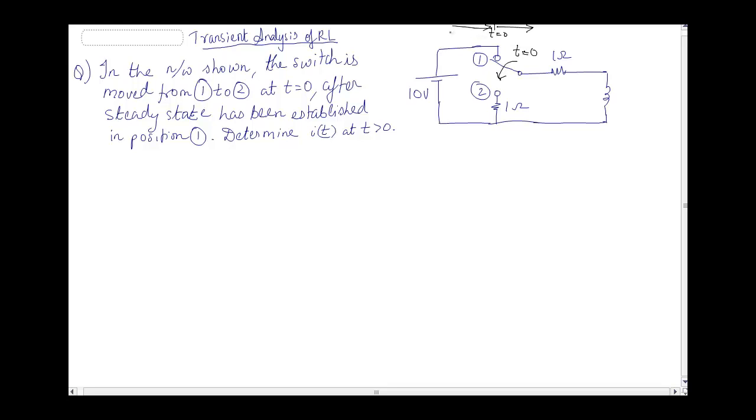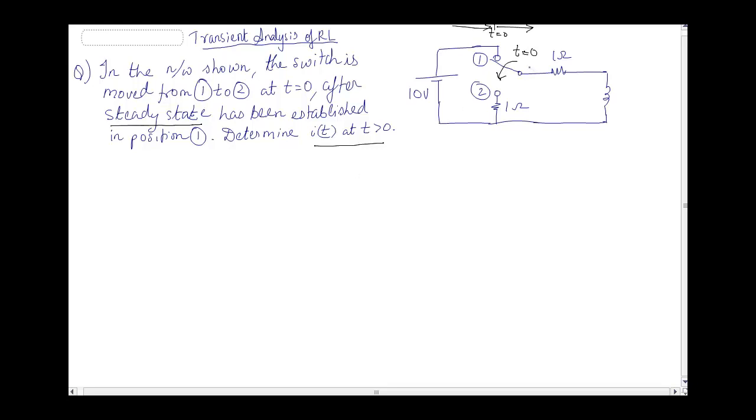Whatever is happening before t is equal to 0 has come to a steady state, and whatever is happening after t is equal to 0 we want to find out. This distinction has to be clearly understood.